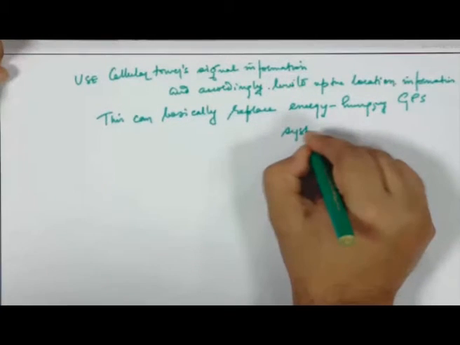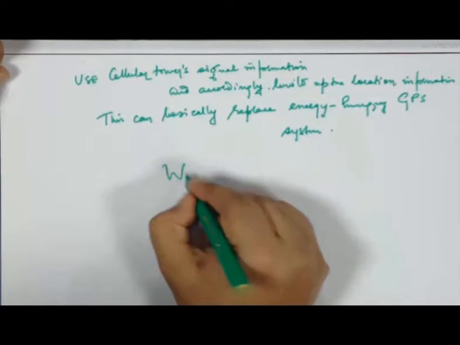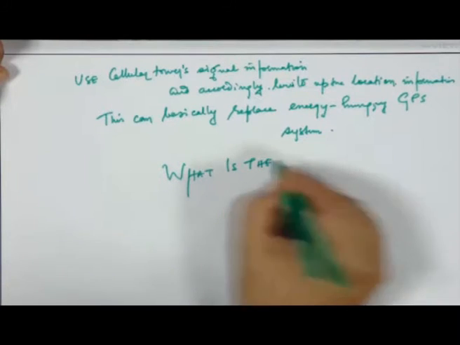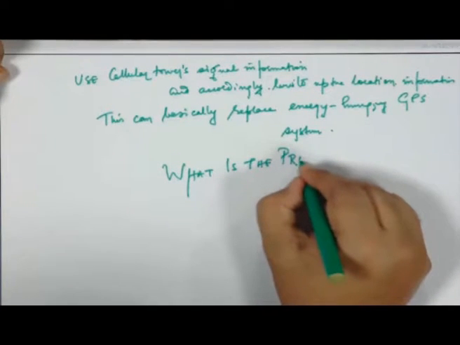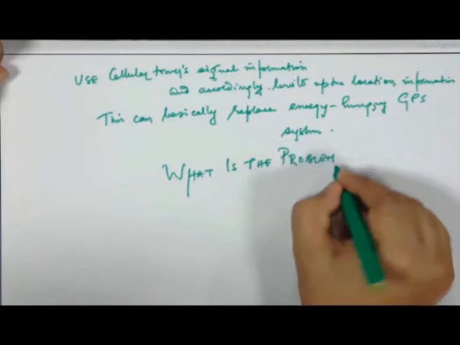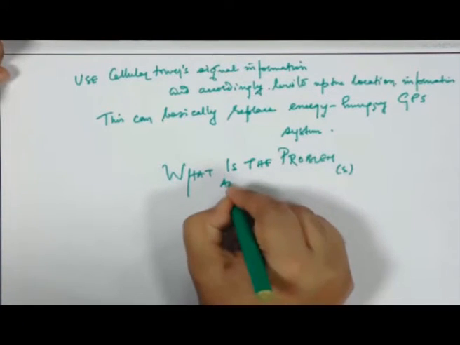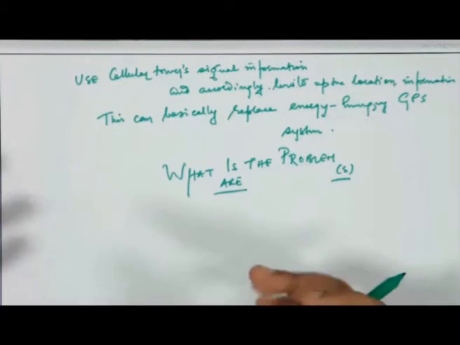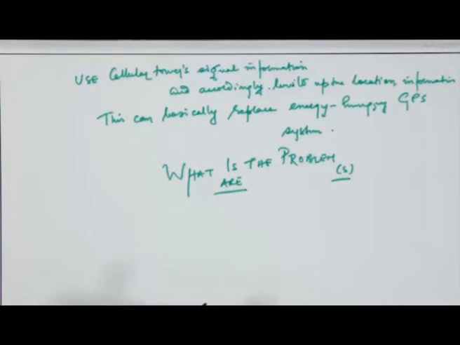But what is the problem? There are many problems with this thesis. One problem which we will tackle is that if you think about how cellular towers are put, wherever somebody's roof is available, the company puts a cellular tower.